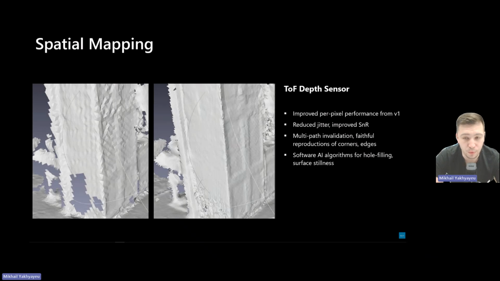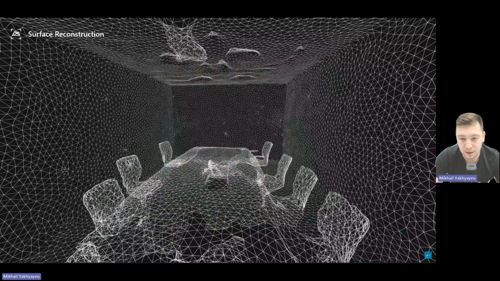And this is how the room is rendered by the HoloLens. Well, not actually rendered, but basically understood. You can imagine that this is a blanket that covers the space. So this is the single surface, the same single surface around all the objects.